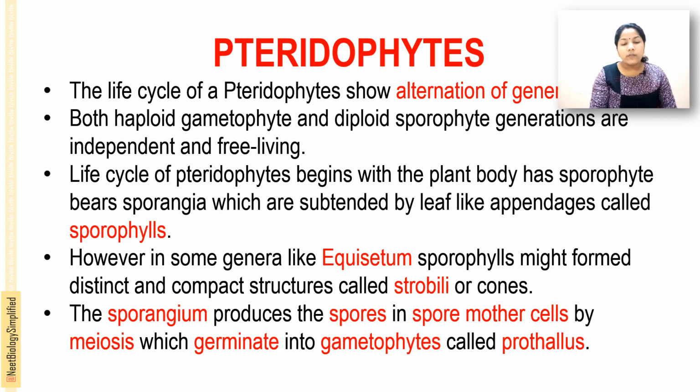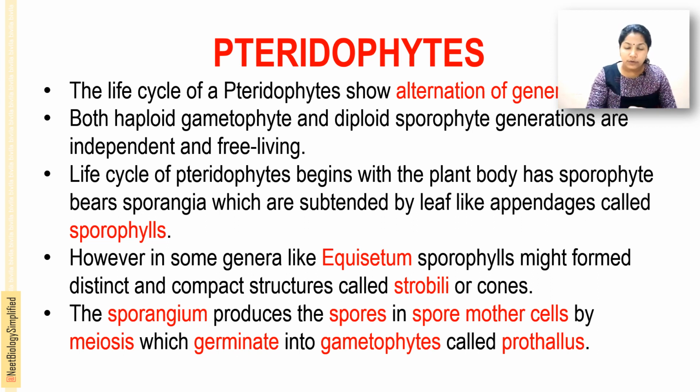The life cycle of Pteridophyte begins with the plant body as a sporophyte that bears sporangia, which are subtended by leaf-like appendages called sporophylls. The life cycle of the Pteridophyte shows alternation of generation, that is the haploid gametophyte and diploid sporophytic generations alternate with each other and are independent and free living.